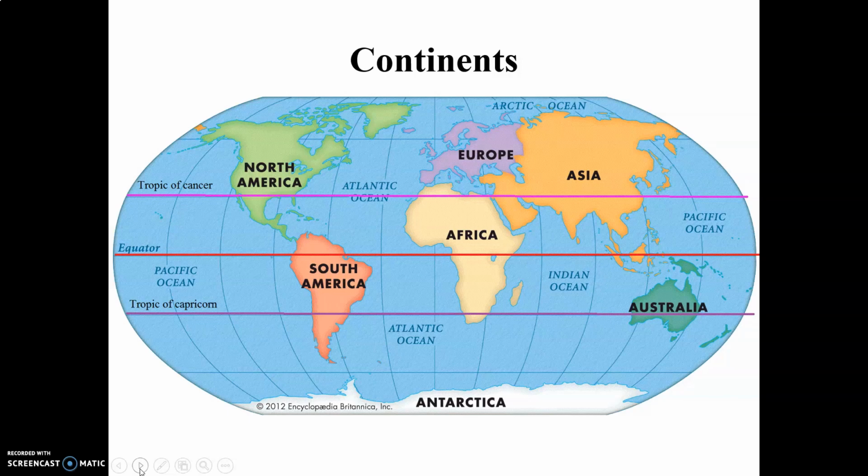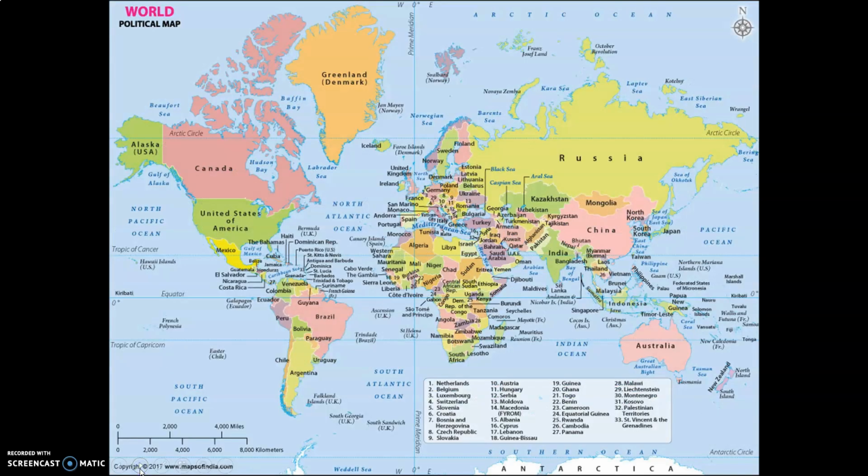First try to remember all the continents and all the oceans and 3 important lines on the map: equator, Tropic of Cancer, Tropic of Capricorn. After that, try to remember all the important countries like Greenland, Canada, USA, Mexico, Brazil, Russia, China, Australia, Congo, Niger, South Africa, and some countries which have some or the other environmental significance.